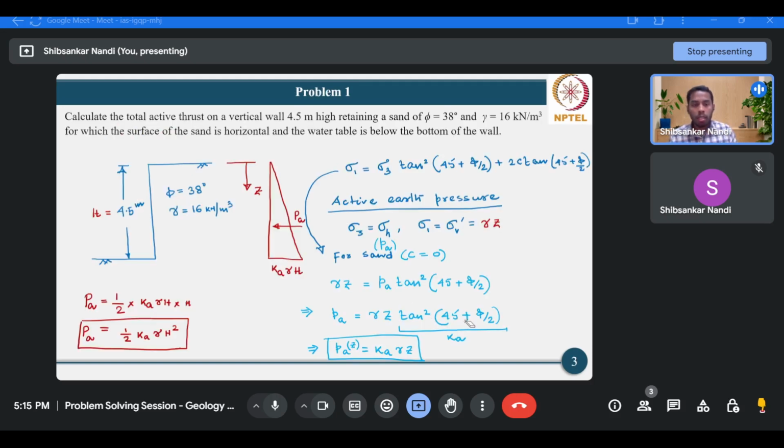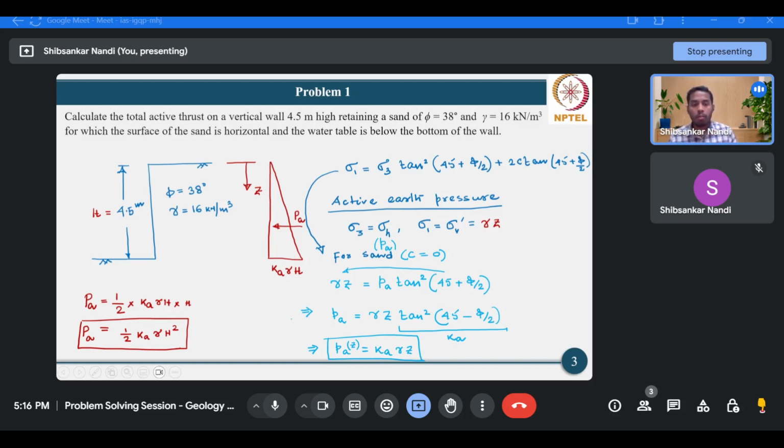Let me correct this equation, because if we take this tan square 45 plus phi by 2 to this side, it will become tan square 45 minus phi by 2. So it will no more be plus phi by 2.